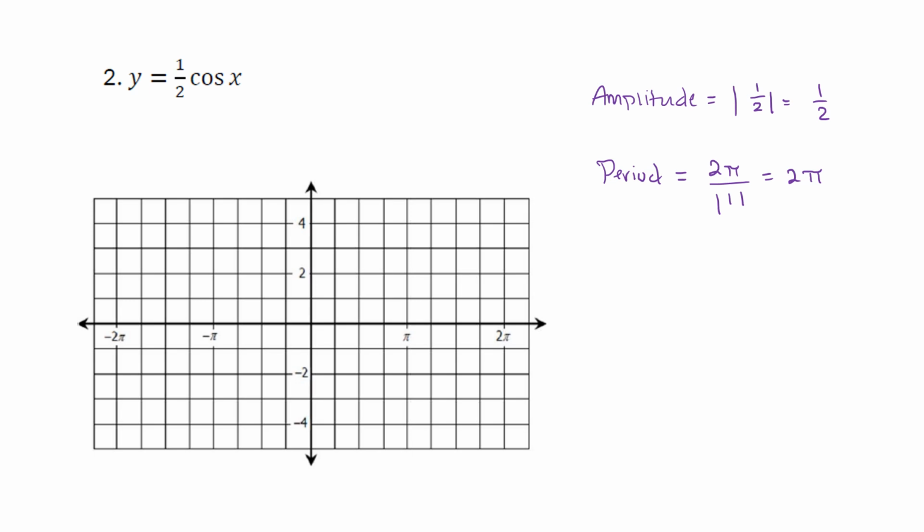And we know that the cosine graph starts at 0, 1 for the y-intercept, but instead of being at 1, it's now going to be at 1/2. So 1/2, and then we go to 0, and then negative 1/2, 0, 1/2. So we can connect the dots here.